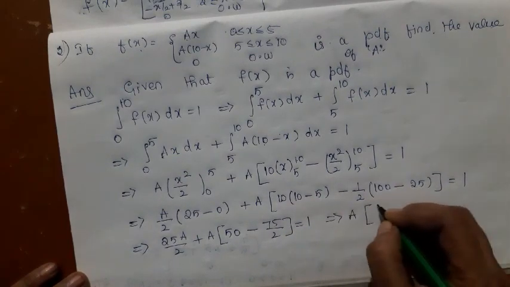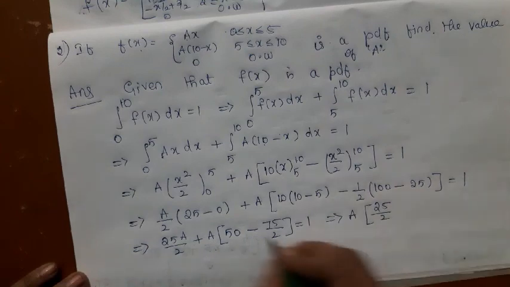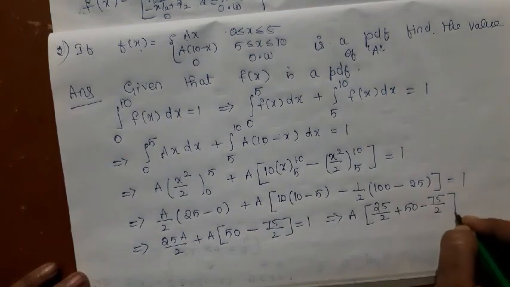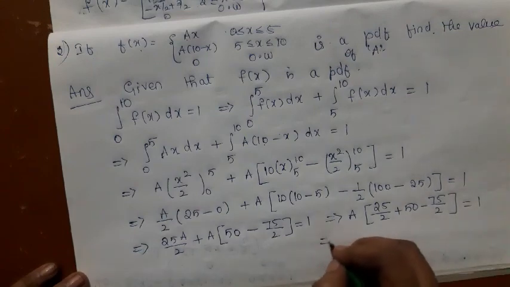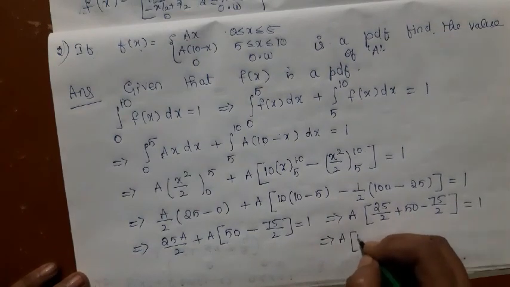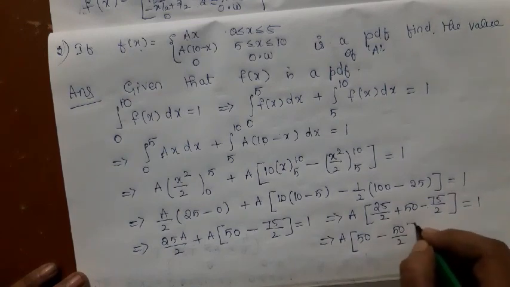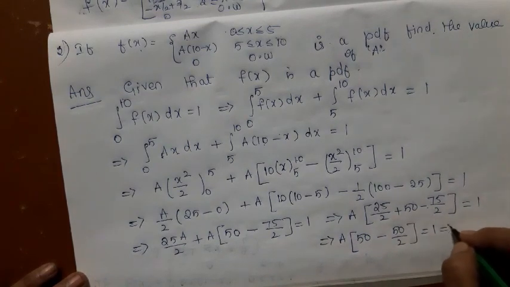Let us take a outside. So you have 25 by 2 plus 50 minus 75 by 2 is equal to 1. a into 50, 50 minus 75 is minus 50 by 2 is equal to 1.